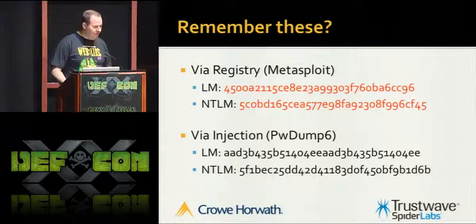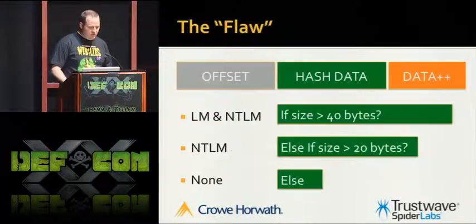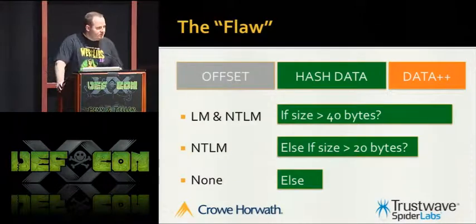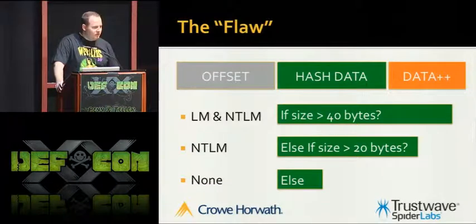So let's take a look back at this logic one more time. Like Ryan said, we focused on Metasploit, so that was our primary goal, debugging, trying to figure out what was going on. And we did have some samples that we were able to get that actually yielded these corrupted hashes.